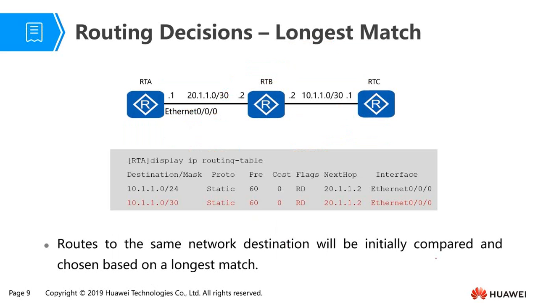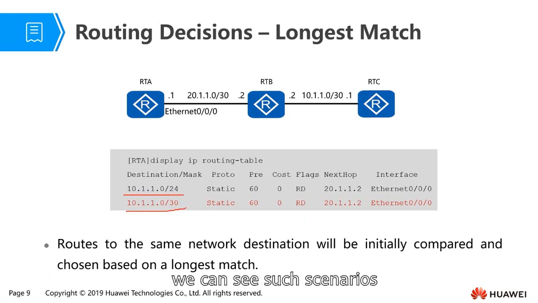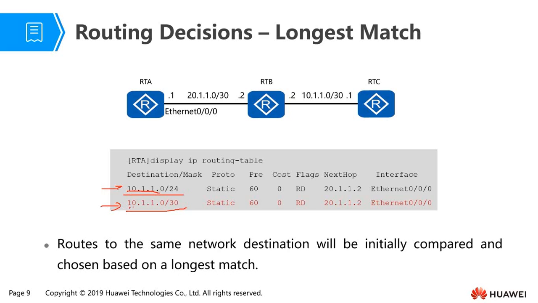Okay, and then there's another routing decision, the longest match. What's the meaning? First we should know that in the routing table we can see such scenarios. There are two routing items, and you can see they have the same destination network but the mask length is different.